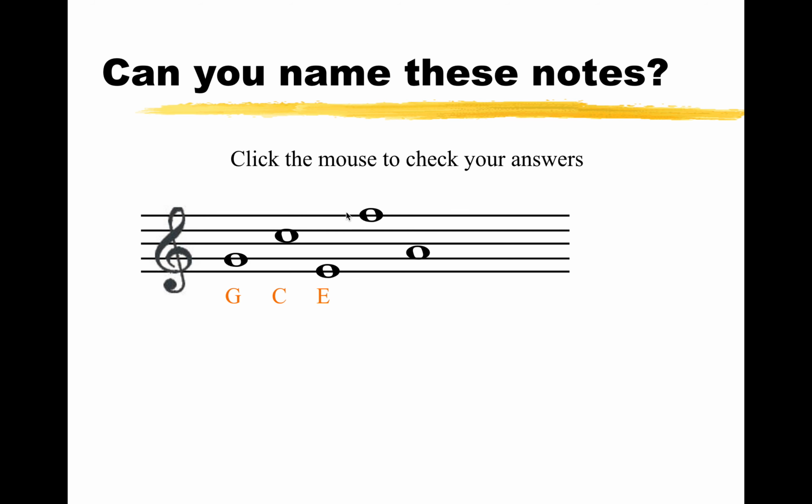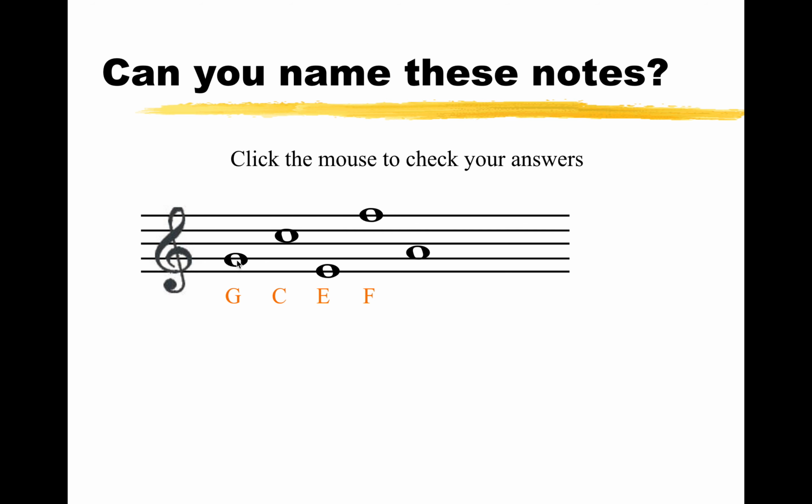This is a line note. If you remember our saying, every good boy does fine, and if you can remember those lines, you can just shorten that to E, G, B, D, F. And that note's an F.